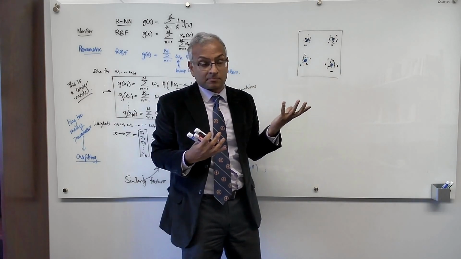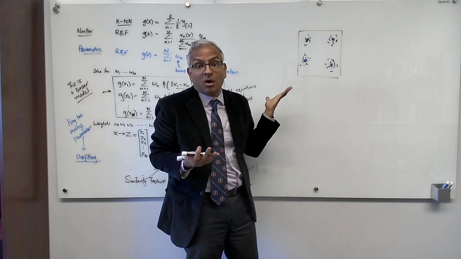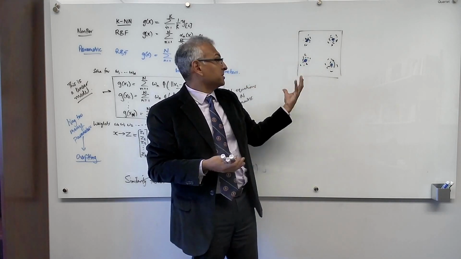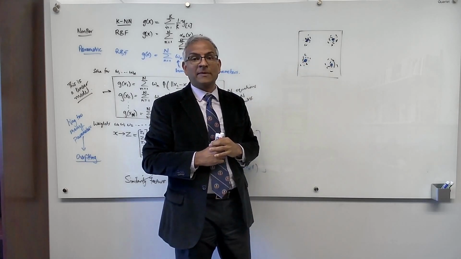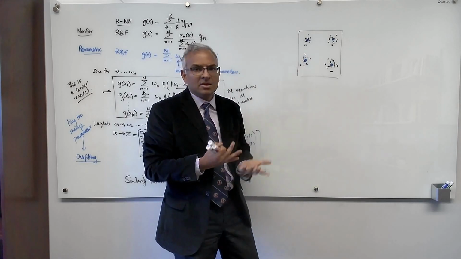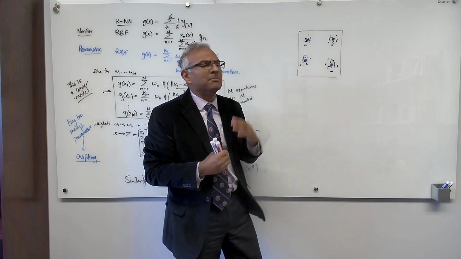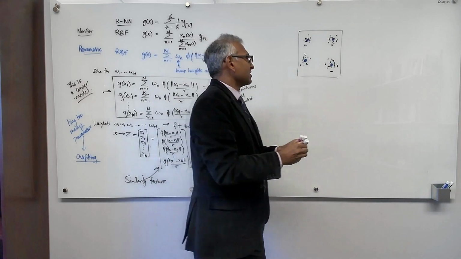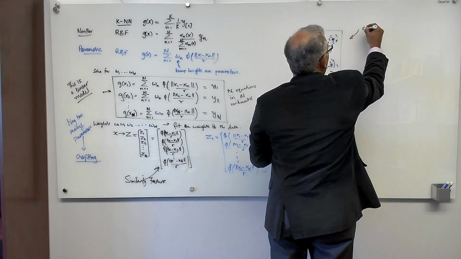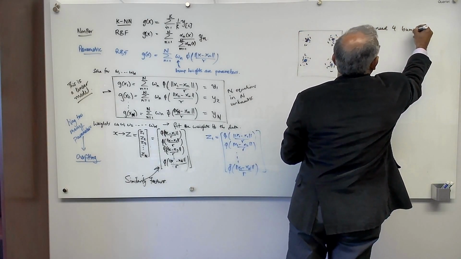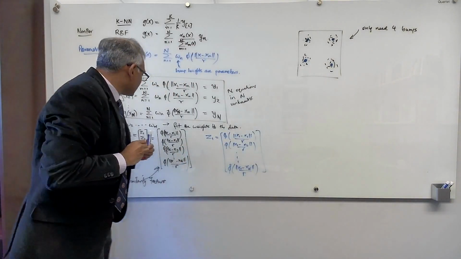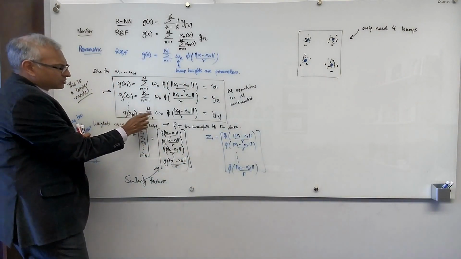Now, of course, we could put a bump on every data point, but it's overkill when the data is clustered in this nice tight way. So in this example, we see that we only need 4 bumps, even if we had 1,000,000 data points. And so that's the idea behind how we're going to reduce the number of parameters.